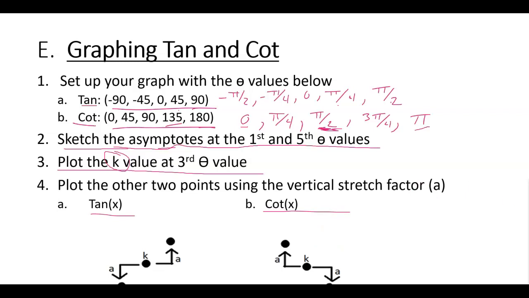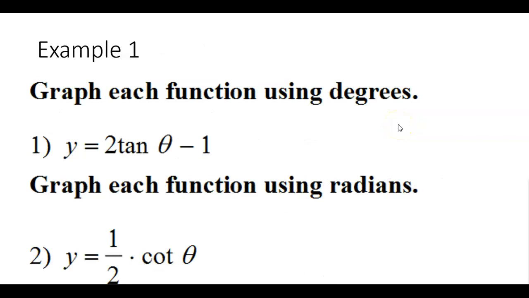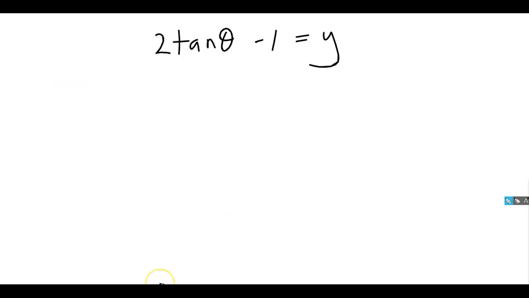Okay. So let's go ahead and try to bring these steps to life a little bit. We're going to graph 2 tangent theta minus 1. I'd encourage you guys to take a look at the step that we had on the last slide there as we go along. The first step is to set up your graph with the appropriate angles.